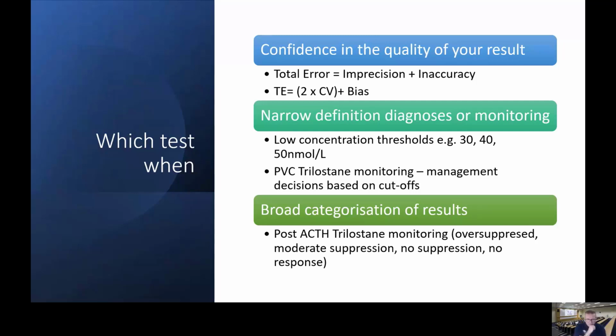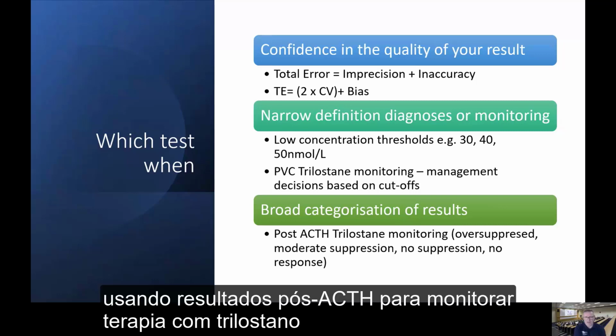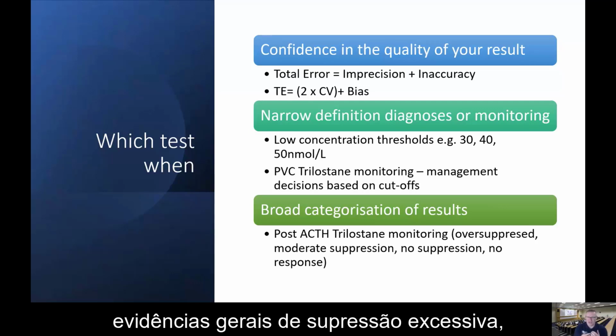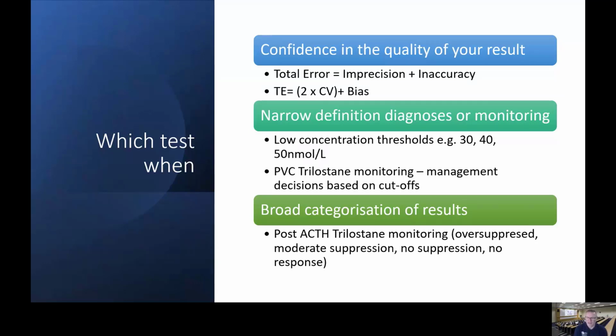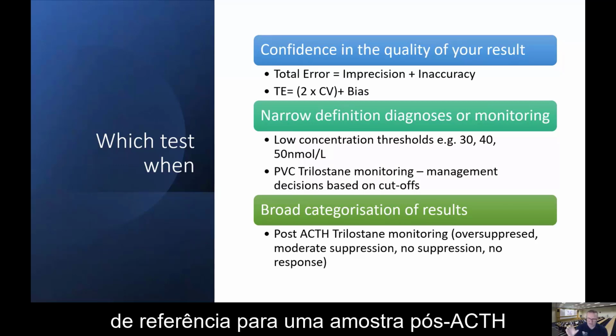However, if we're only interested in very broad categorization of results, so for example, using post-ACTH results to monitor trilostane therapy, all we're really interested in there is, is there general evidence of oversuppression? Is there evidence that the cortisol production is a little bit less than the reference interval for a post-ACTH sample?